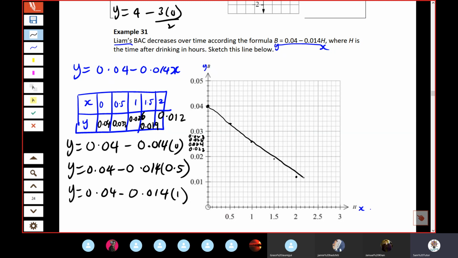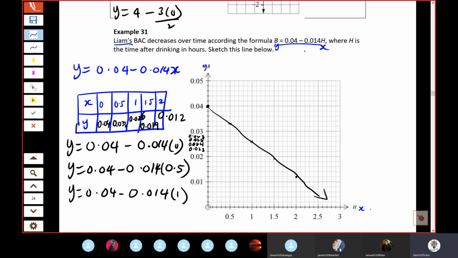Just draw it out, and hopefully you get to go through all your dots. Obviously you guys would use a ruler. If you want it even more accurate, you could have kept going for 2.5 and for 3, but that's okay.